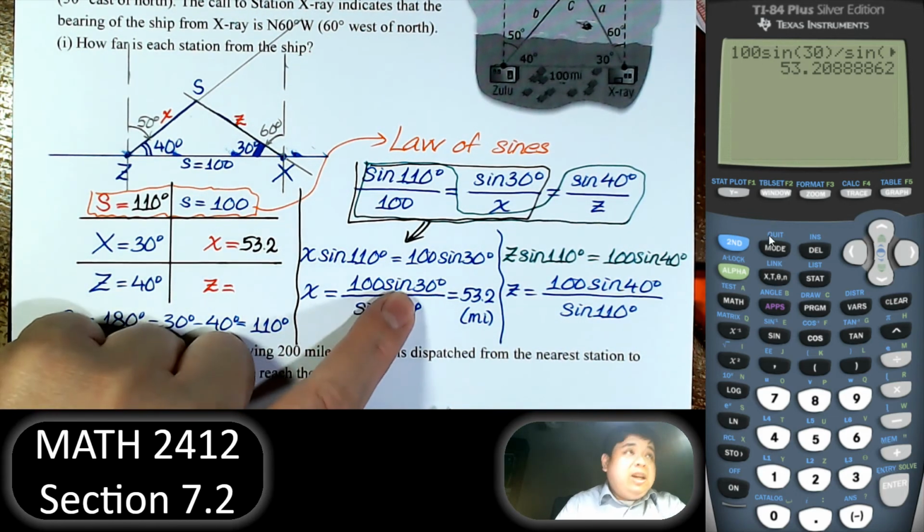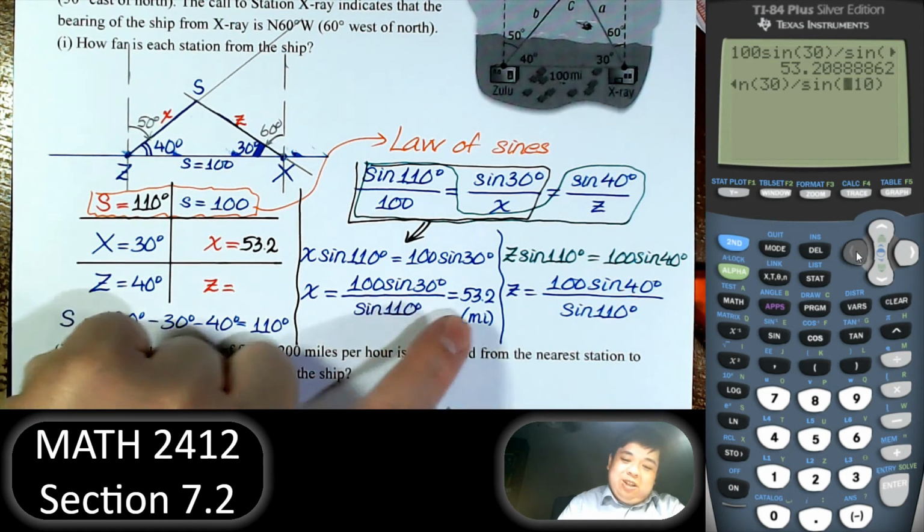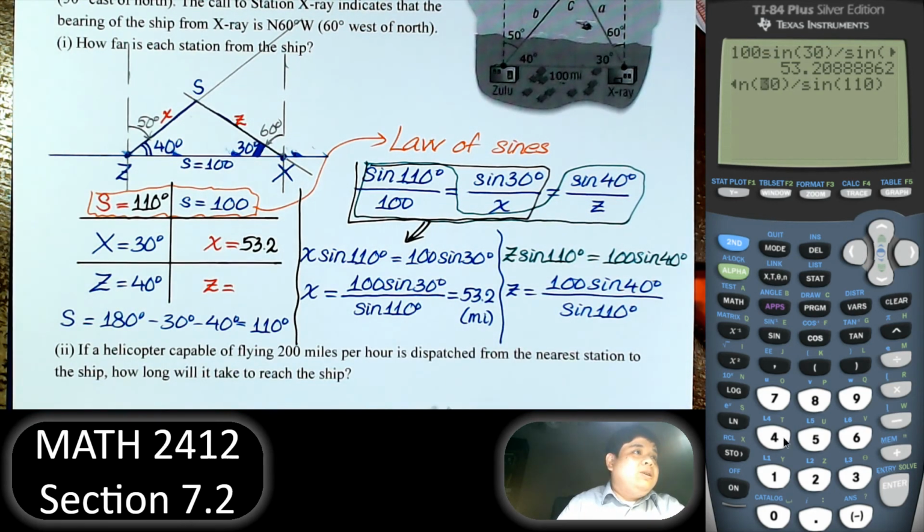So pretty much the same thing here, except I only need to change the 30 degrees to 40 degrees. I have 68.4.